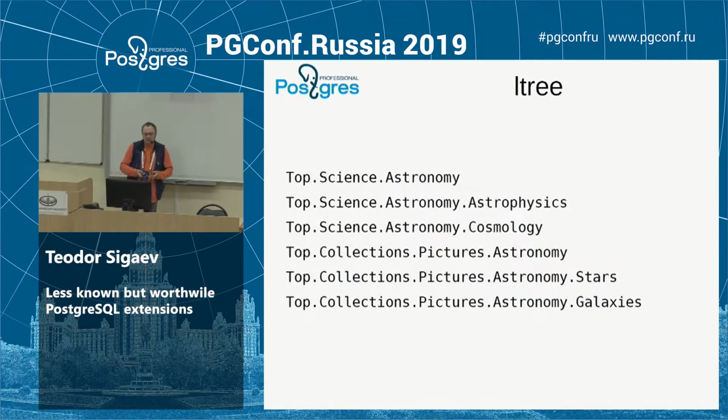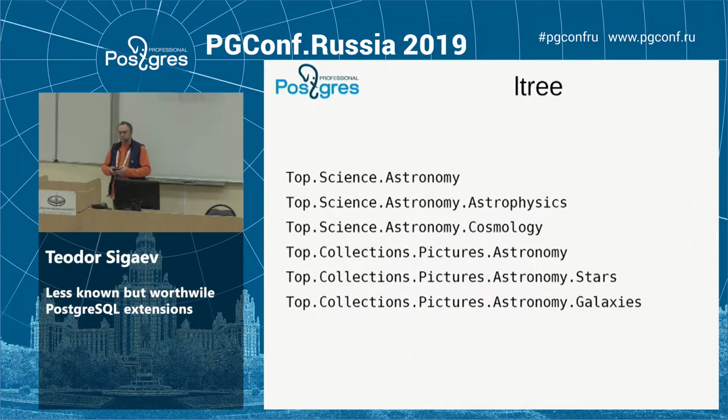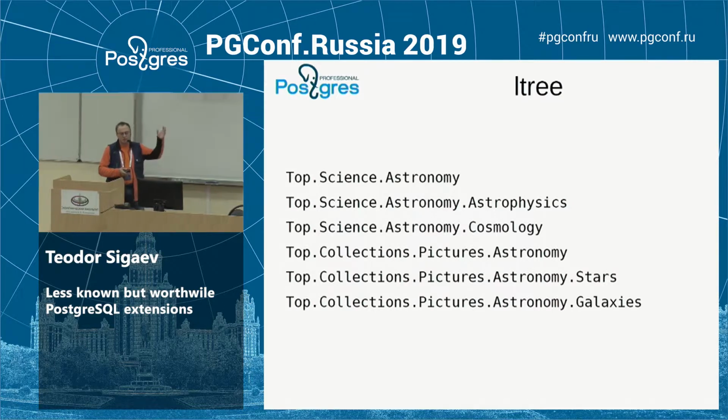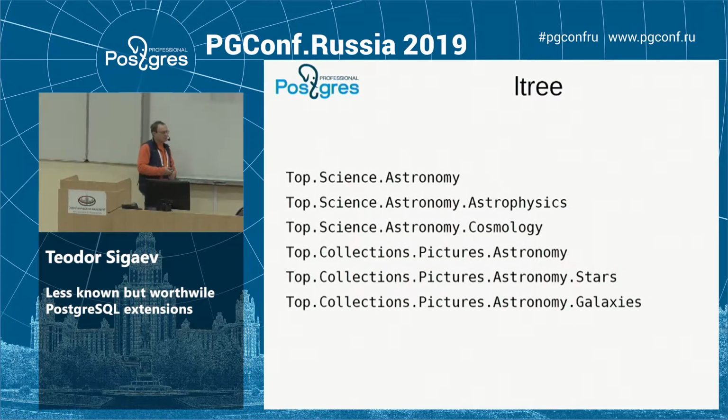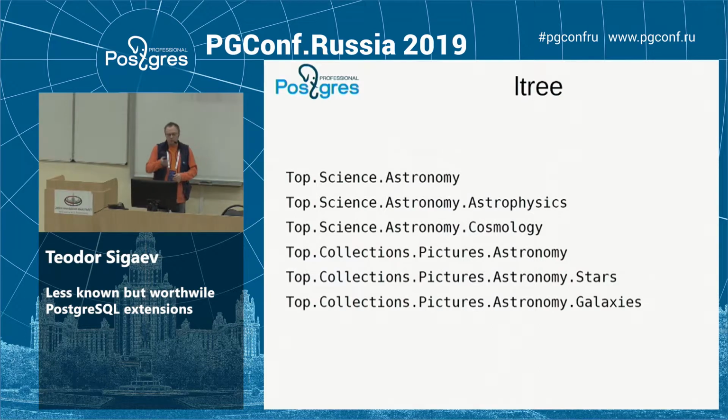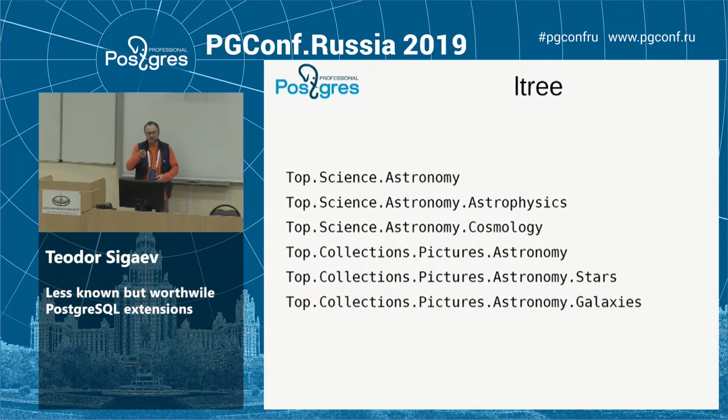There are other different approaches, but this is one of the examples. This is top, root, and one of the roots is empty. Top science astronomy, top science astronomy astrophysics, top science astronomy cosmology, astronomy, stars, galaxies, and so on.